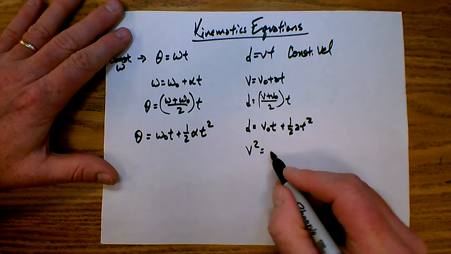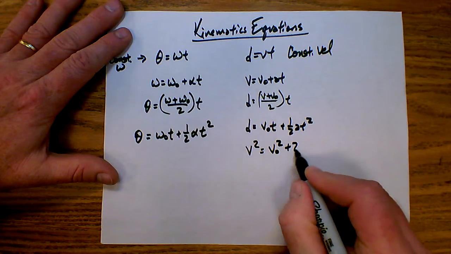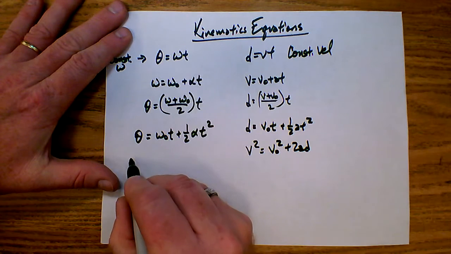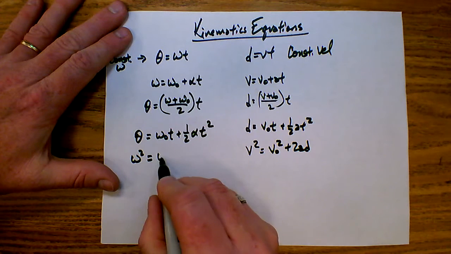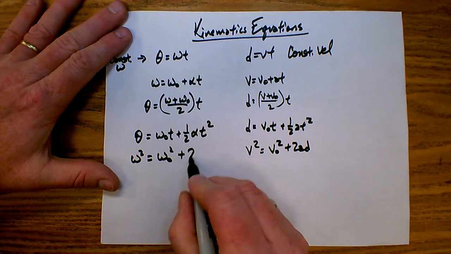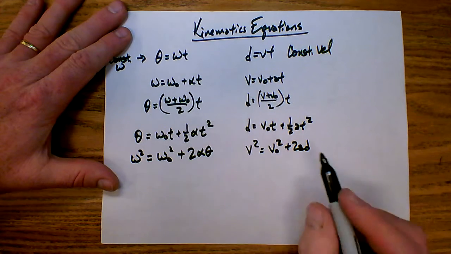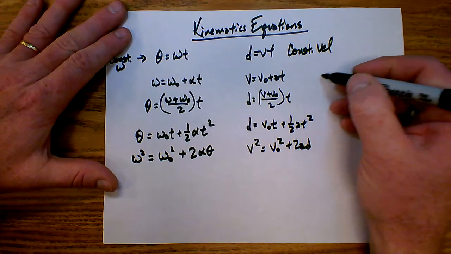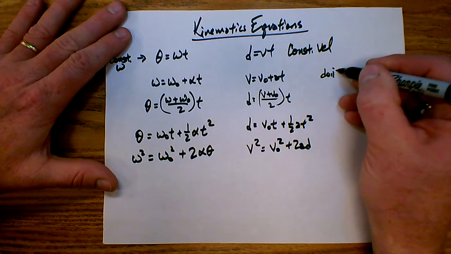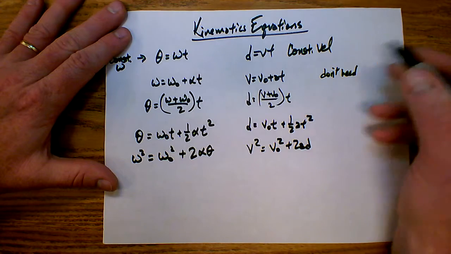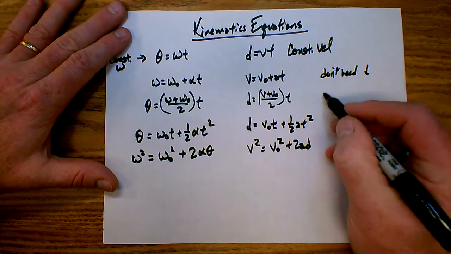And our final kinematics equation, v squared equals v naught squared plus 2ad becomes omega squared equals omega naught squared plus 2 alpha theta. Whereas each of these equations, I like to call this the don't need d equation.